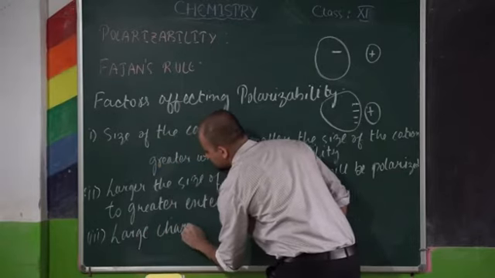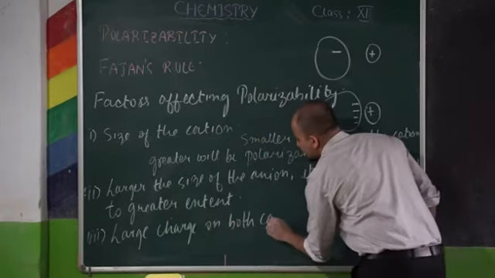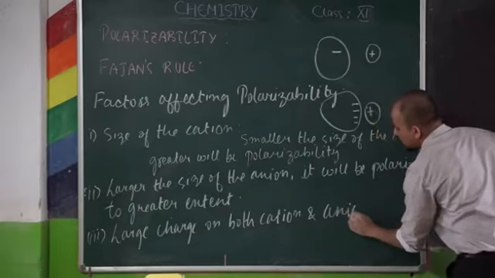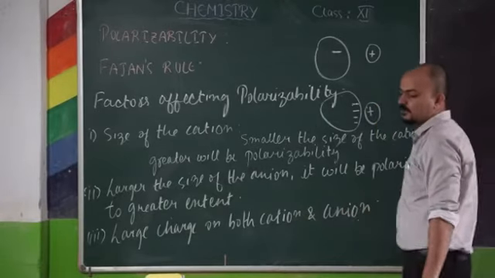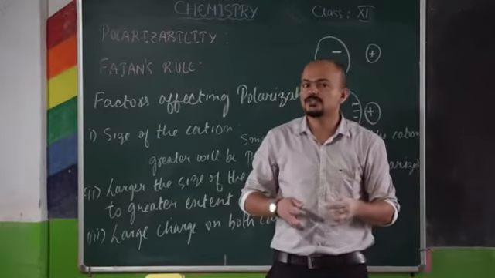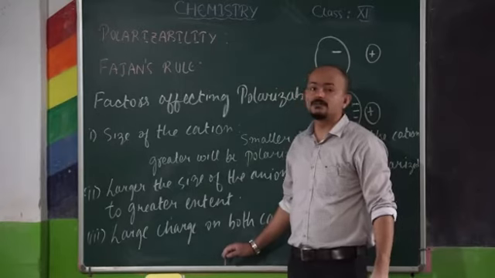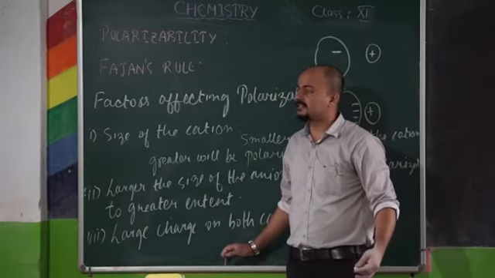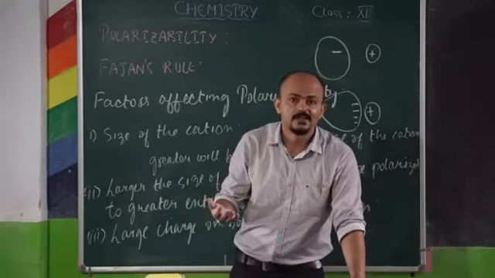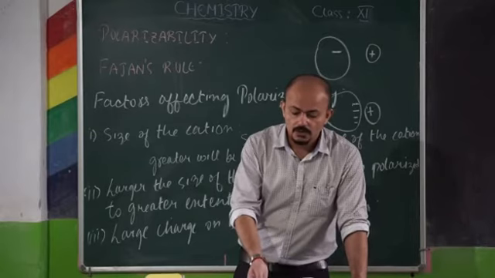If the charge of both cation and anion is large, that means there is more interaction, and they will be attracted to each other to a greater extent. Therefore, polarizability will again be greater. If the charge on both the positive ion and negative ion is high, then polarizability will also be more.